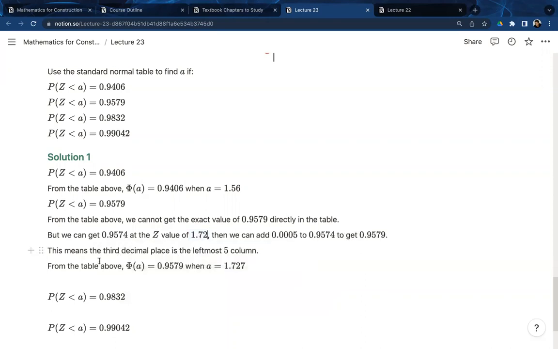So the 1.7 will give the 9573, and we had to add 6 to that. The 6 we need to add is in the 7 column. So here 1.727.